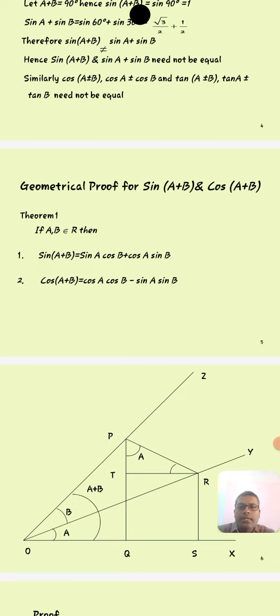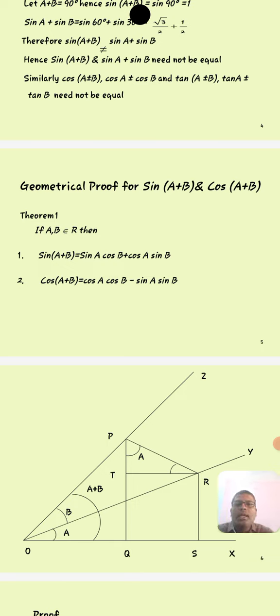We consider the important formula: sin of A plus B is equal to sin A cos B plus cos A sin B. This is the formula, not sin of A plus B equals sin A plus sin B. Sin of A plus B formula is sin A cos B plus cos A sin B. The next formula is cos of A plus B. What is cos of A plus B?